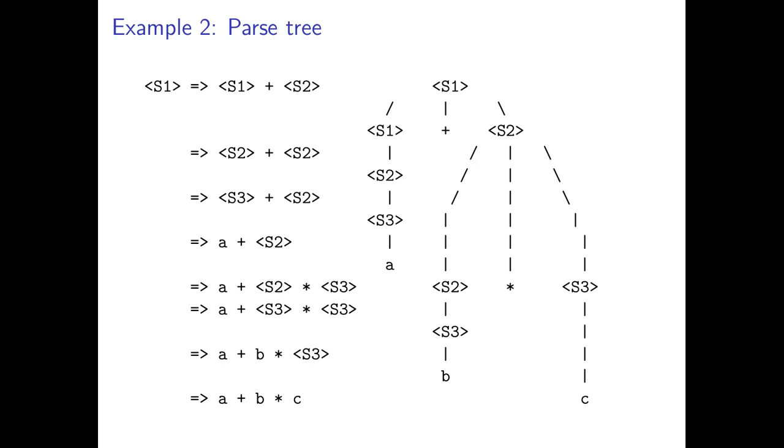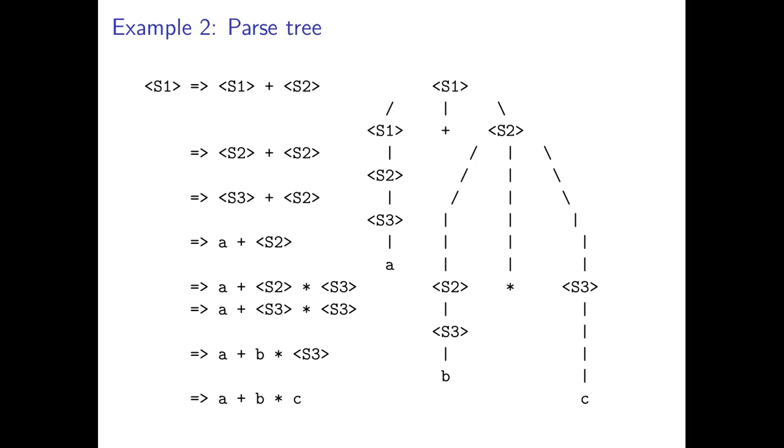Then we follow the same way we derived it by replacing S1 with S2, and S2 with S3, and then S3 with A. Then we replace the next one: we have A plus S2, so we want to replace S2, and that gives us three children: the non-terminal S2, the terminal multiplication sign, and the non-terminal S3, as we see here.